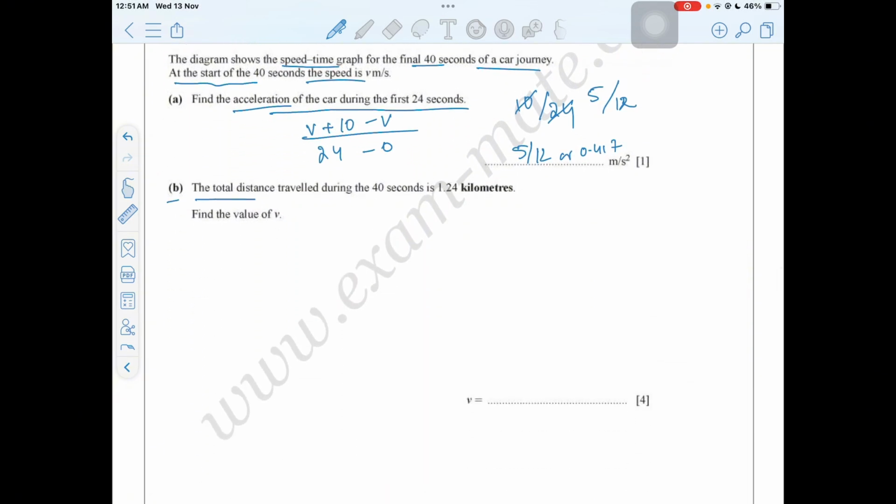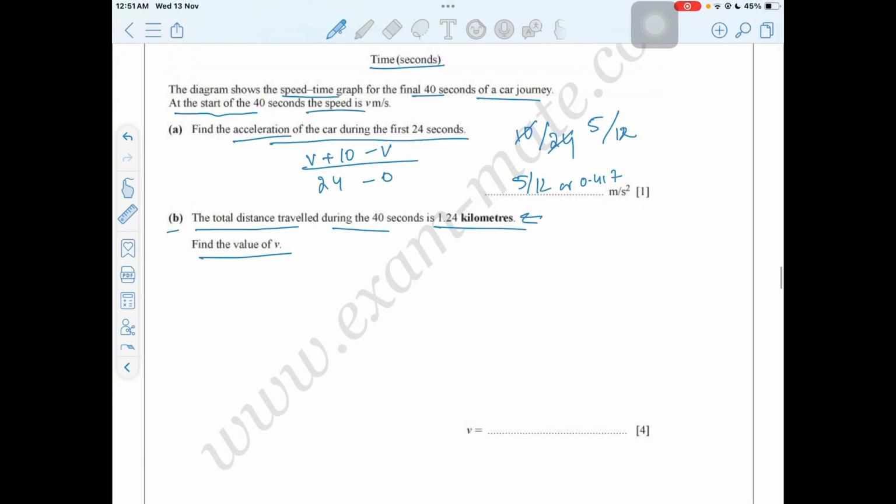And part B, we are required to calculate the total distance traveled during the first 40 seconds. The distance traveled is given as 1.24 kilometers. Find the value of v. So it is basically 1.24 kilometers, right?